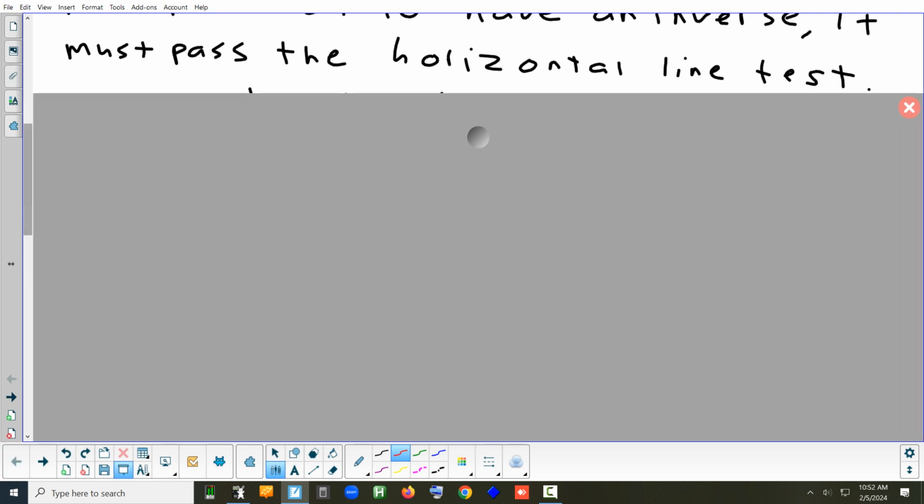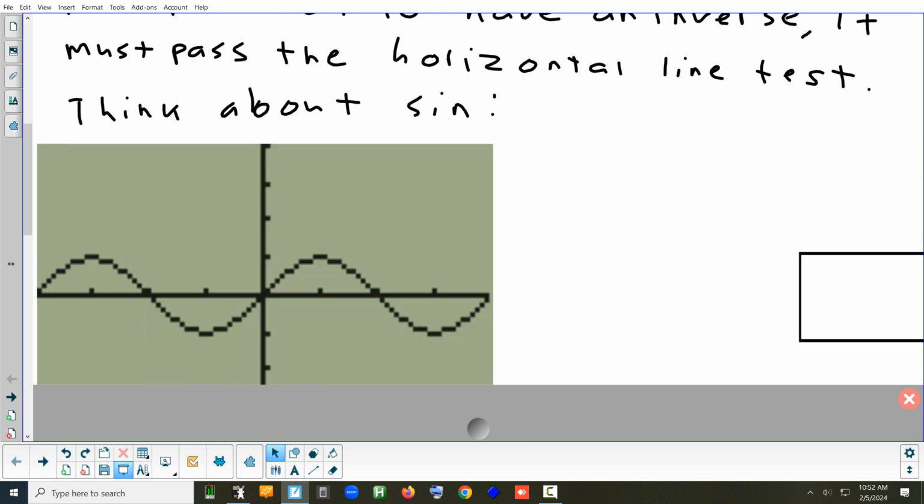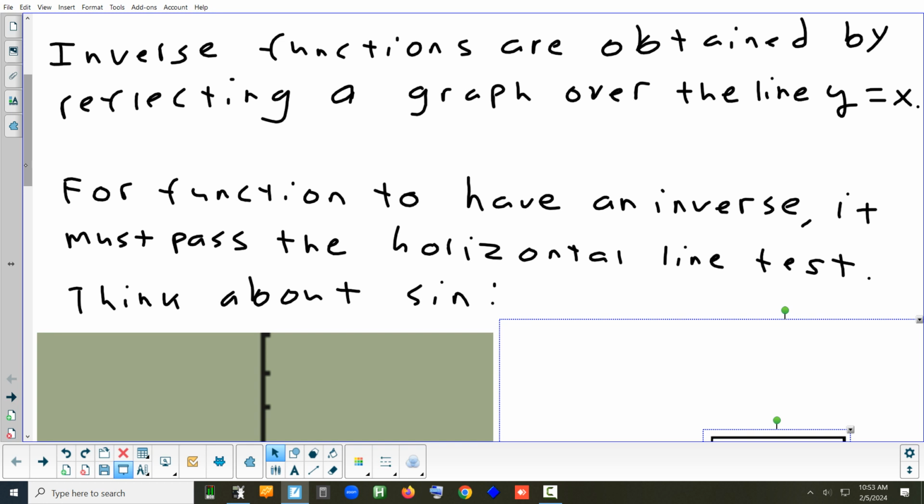So let's think about sine. Here's the graph of sine. Does that pass the horizontal line test? No. So that's a problem. If it doesn't pass the horizontal line test, then it would not have an inverse that's a function.